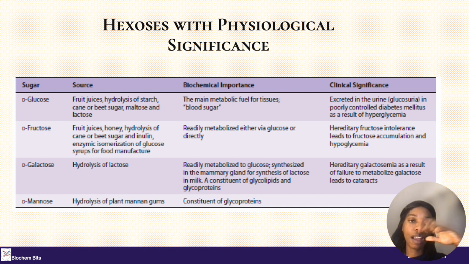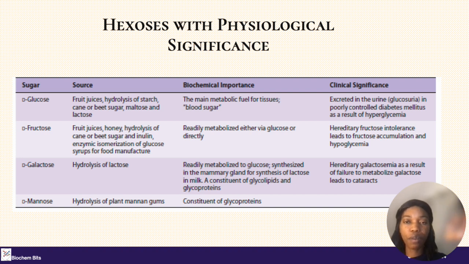Now, I would just quickly touch on the physiological significance of some hexoses. We have glucose, fructose, galactose and mannose. These have their own biological significance as well, because they are readily metabolized. For example, when we have some disaccharides, they are easily cleaved to give the monosaccharides that then enter into different pathways to generate energy.